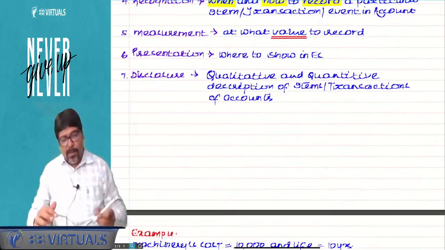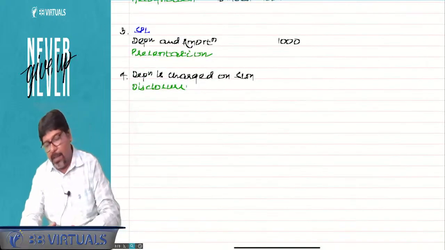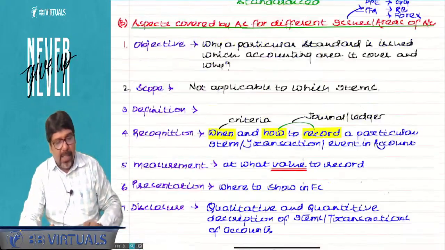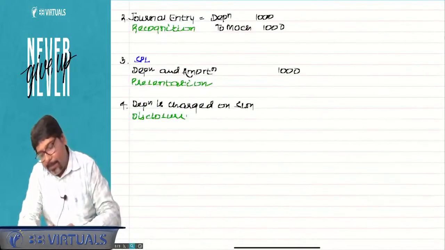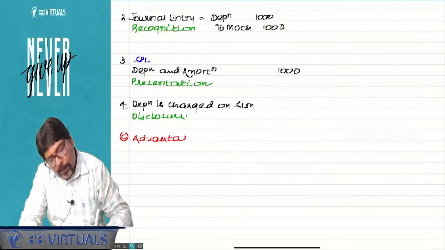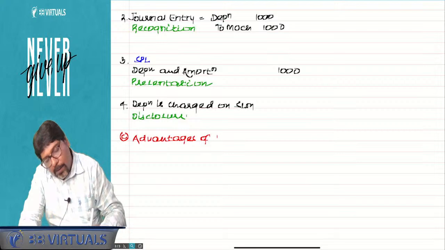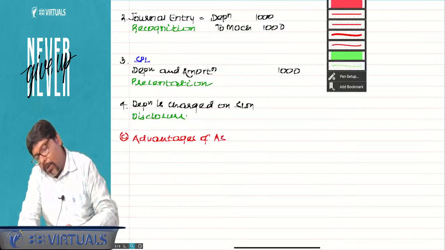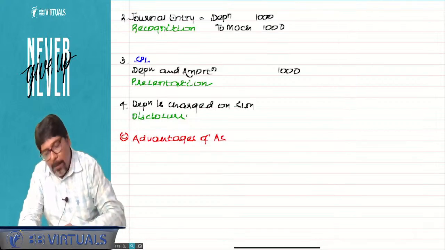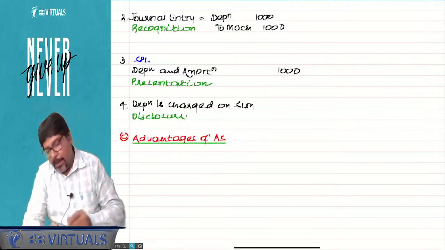Now, thereafter, the most important question, which we generally hear as far as AS is concerned, is advantages of accounting standards. My wonderful chartered accountant, what is the advantage of accounting standards?